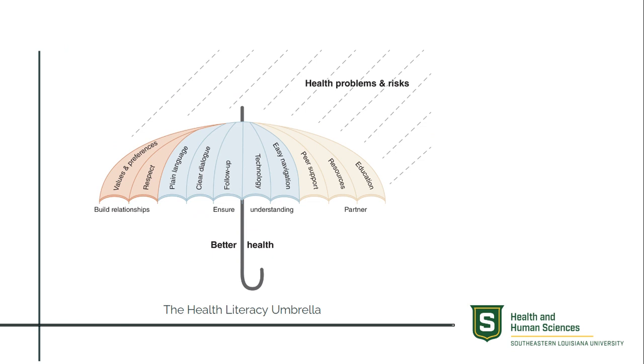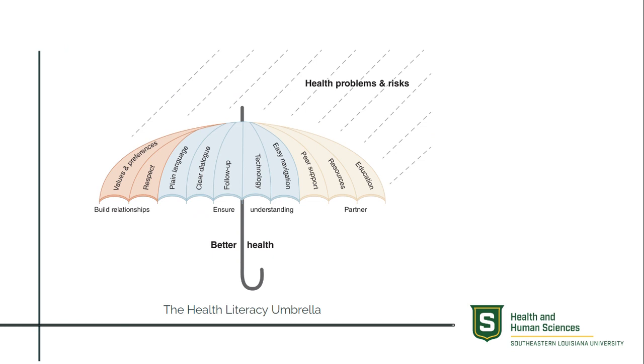You have plain language being one of the factors that come into play with health literacy. You have information technology, being able to use technological services and navigate technological applications, and then having peer support, having resources, and having education.